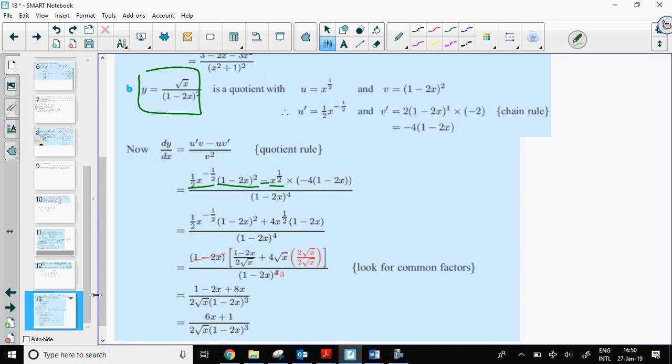D low is 2 times 1 minus 2x to the 1. That's power rule. But then we use the chain rule, and we multiply by the derivative of the inside. The derivative of 1 minus 2x is negative 2. Putting the negative 2 together with that positive 2, we just get a negative 4 out in front. Draw the line, square the low, so we've got 1 minus 2x to the 4th in the denominator.